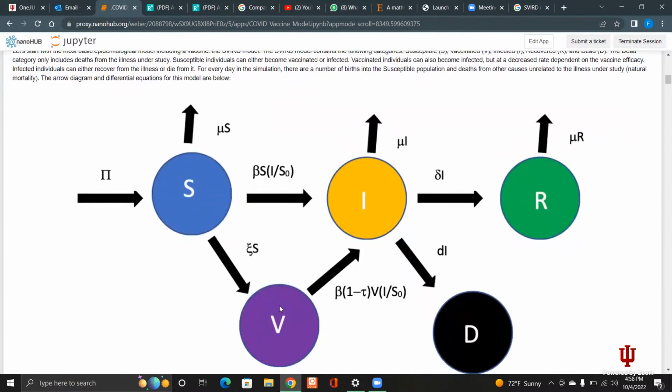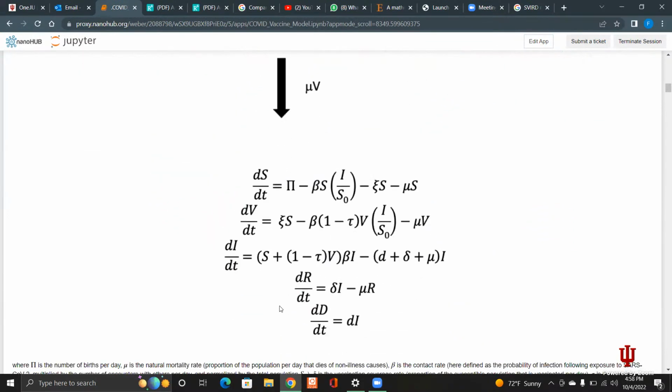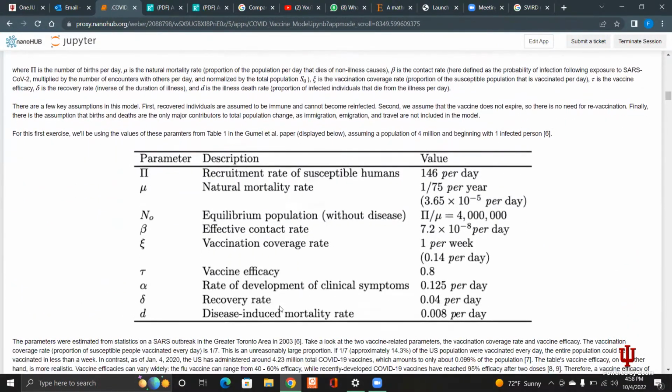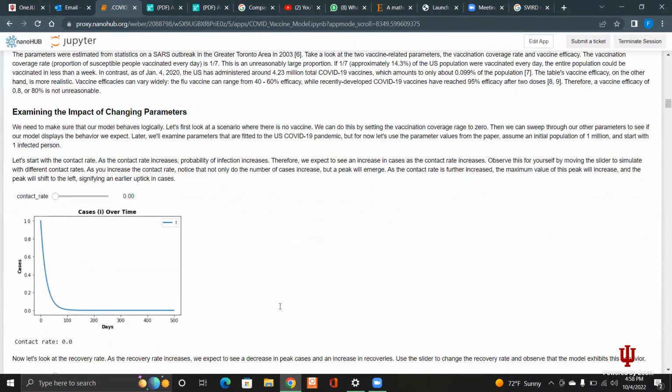So this is what the model says, and here are all the differential equations for that. This application is actually really well planned. Here they are first examining the scenarios where there is no vaccine, so basically settling the bases.